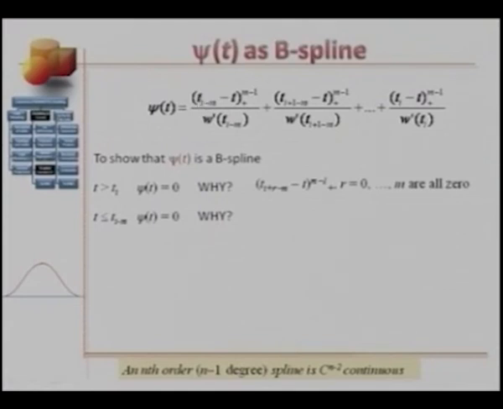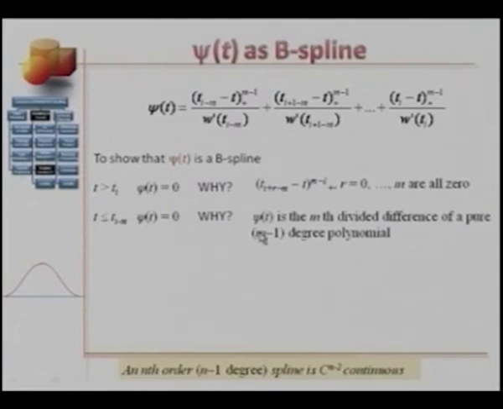I repeat, the numerator will be a pure polynomial of degree m minus 1. And you have seen this before. What is the mth divided difference of a pure polynomial of degree m minus 1?